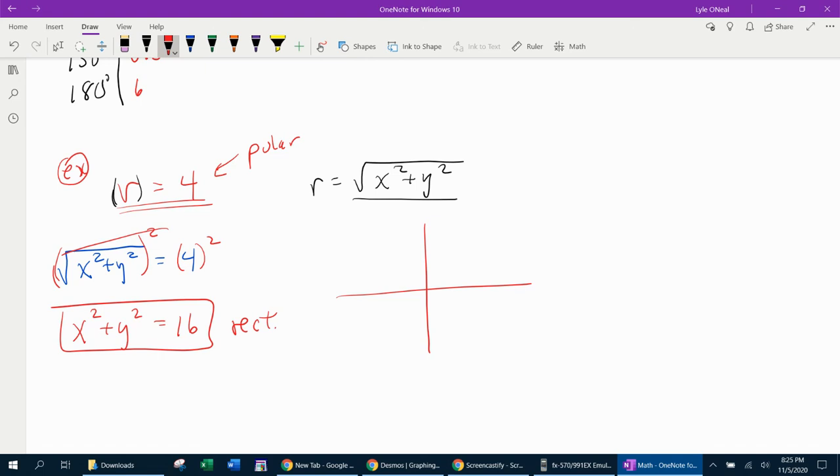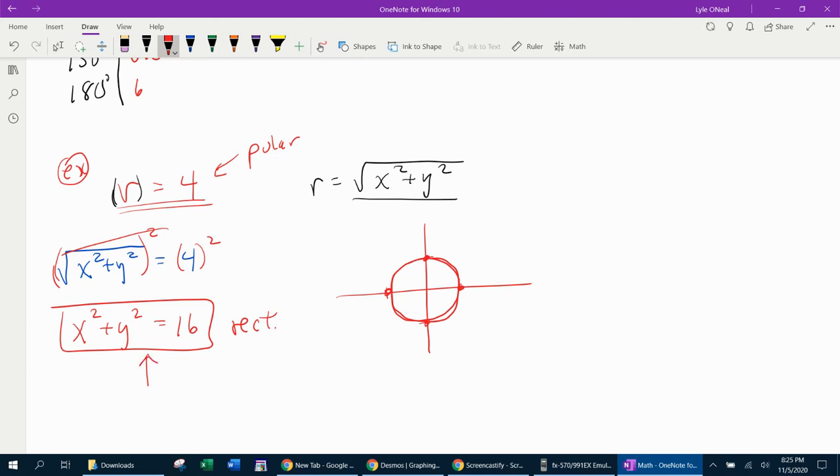But the radius is fixed at 4. So no matter what angle you're at, 0, 90, 180, 270, you're always going to be a distance of 4 units from the origin, and that represents a circle. Guess what? So is this.